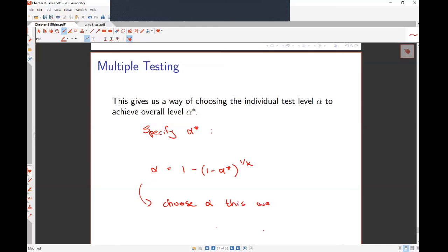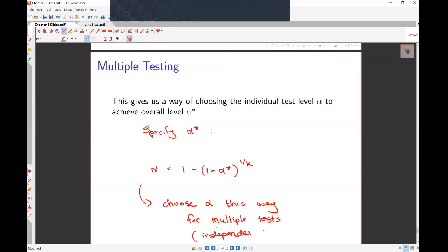And this is how you want to choose your individual test alpha level if you're doing multiple tests and they are independent of one another.